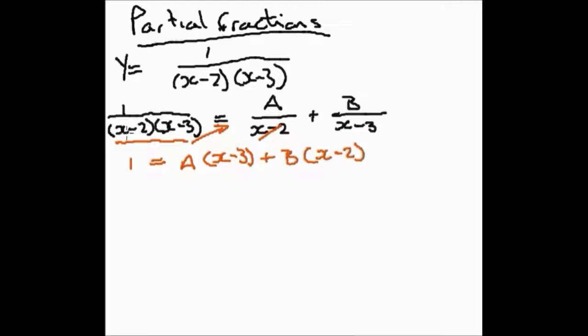Exactly the same here: if I multiply (x minus 2)(x minus 3) into the B, then the x minus 3 cancels out, leaving me the x minus 2. That's how I've got into that part. So now if I multiply those out, I get Ax minus 3A plus Bx minus 2B.